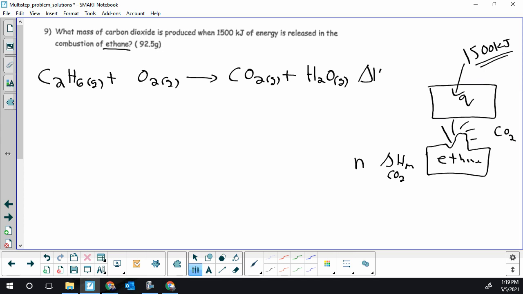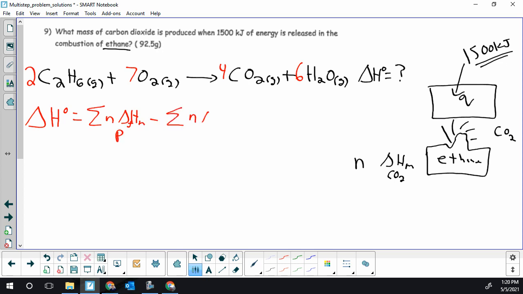I want to know the enthalpy change, and really, I want to know the molar enthalpy. I need my equation balanced so that I can do the sum of the moles times the molar enthalpy of formation of all the products minus moles times the molar enthalpy of formation of all the reactants.